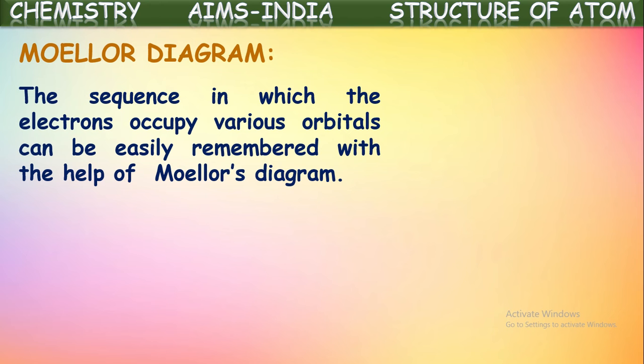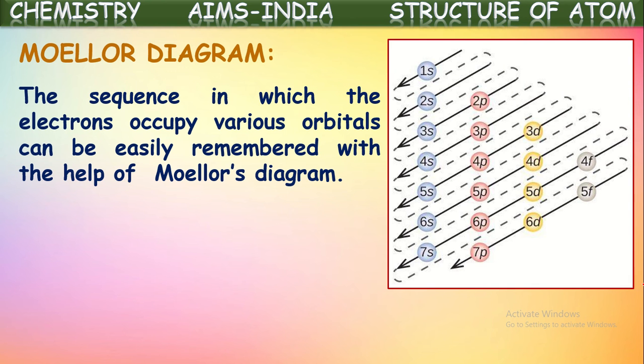The sequence in which the electrons occupy various orbitals can be easily remembered with the help of the Moeller diagram. So this is called the Moeller diagram, which is giving an idea of increasing order of energies of the orbitals, so that we can understand easily how filling of electrons is happening in the different orbitals of an atom.